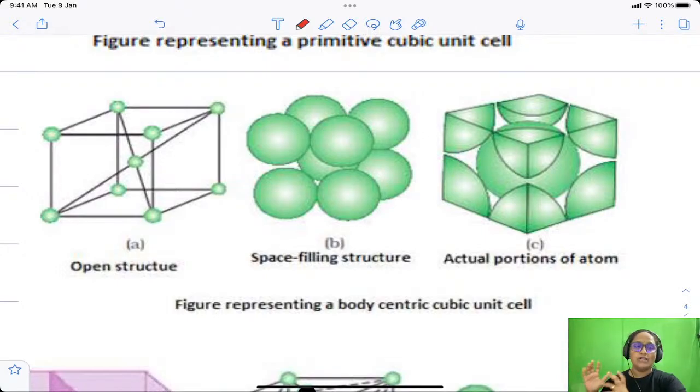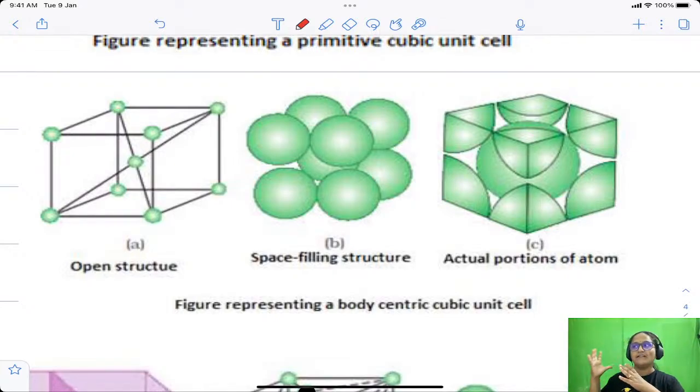Now let us talk about the atom present at the body center. That body centered atom is only for me. No one is going to touch or share that atom at the body center, because it is only for me.